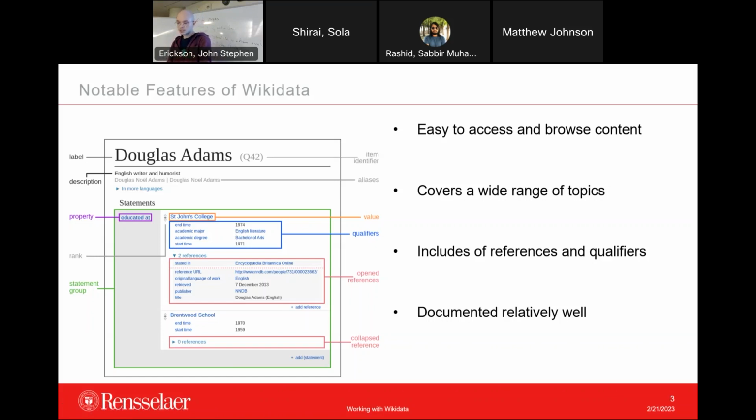And across Wikidata, a lot of things are also documented relatively well. In some aspects, it's not documented extremely well, and people don't necessarily follow the documentation extremely well either, since it's just community members again. But compared to a lot of other knowledge graphs and large-scale databases that are out there, it is documented well.